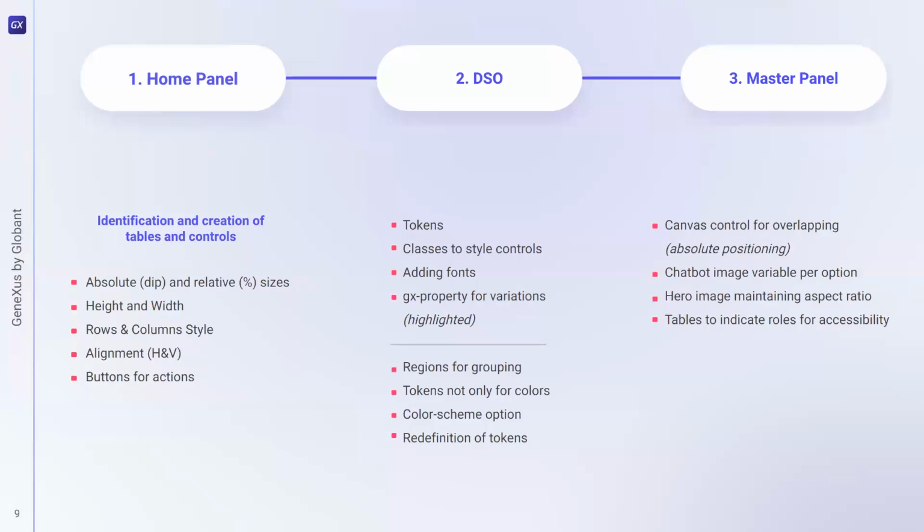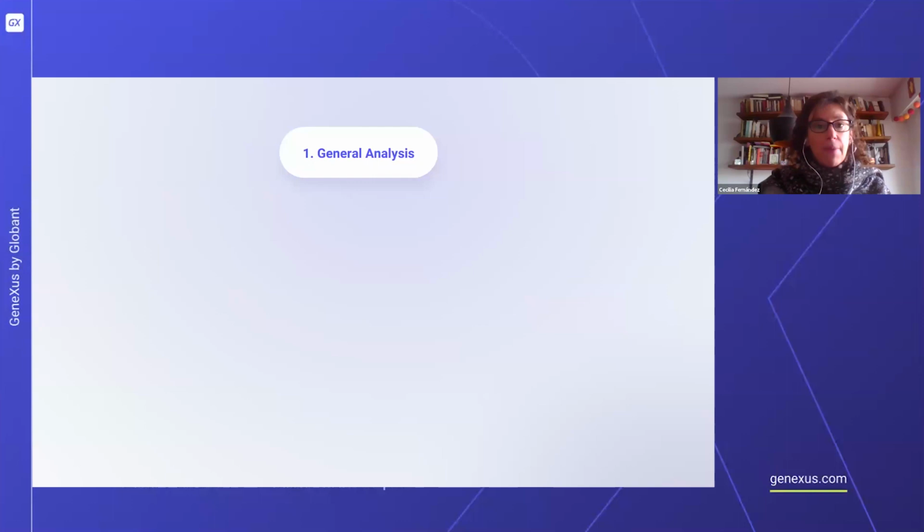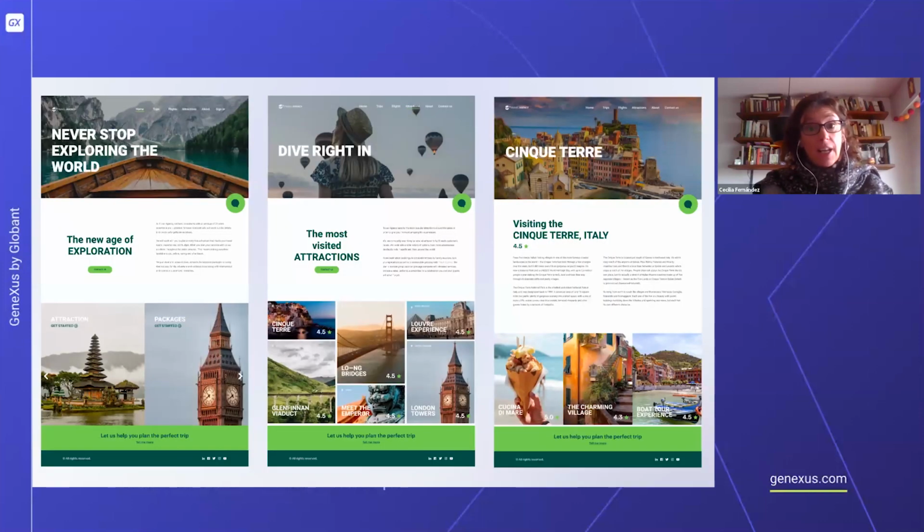This is the roadmap of what we have done. And just to finish, this is how we develop all this from scratch. You start with a general analysis of the pages. We check all those aspects that are repeated.